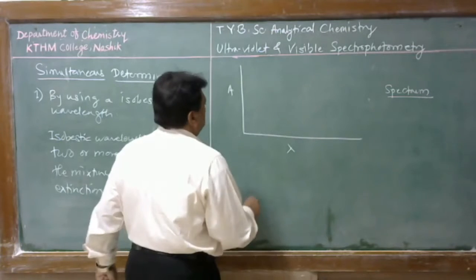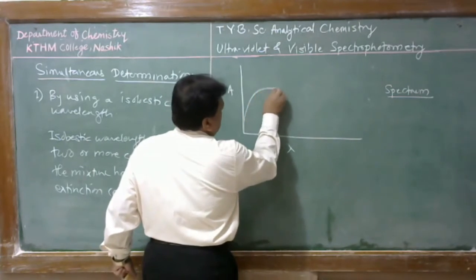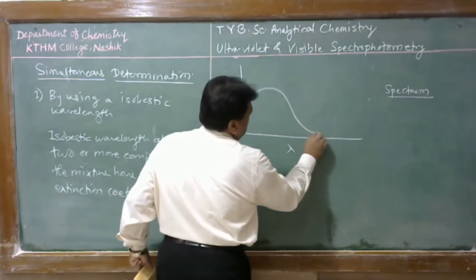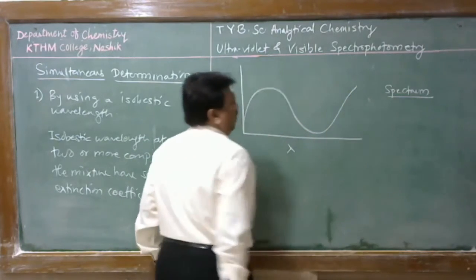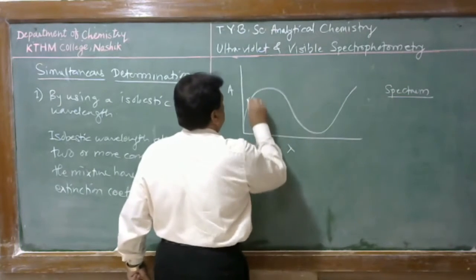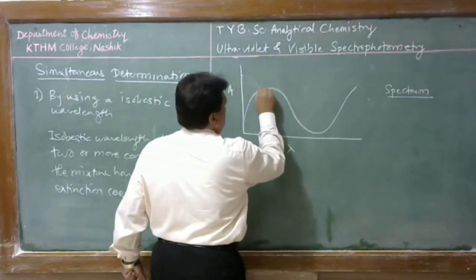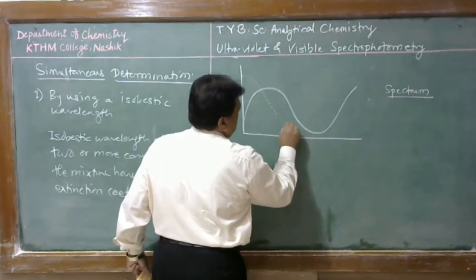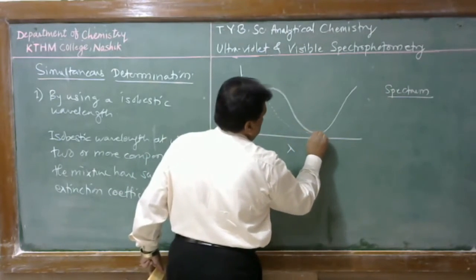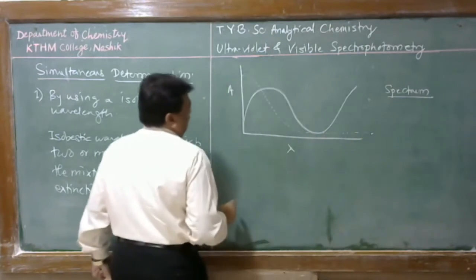Suppose, for example, we have a two-component system. This is the spectrum of the first component, and this is the spectrum of the second component.